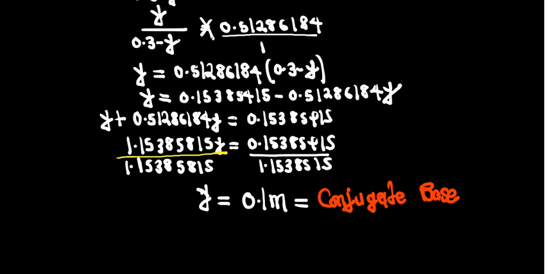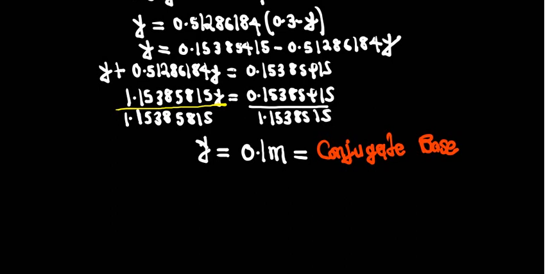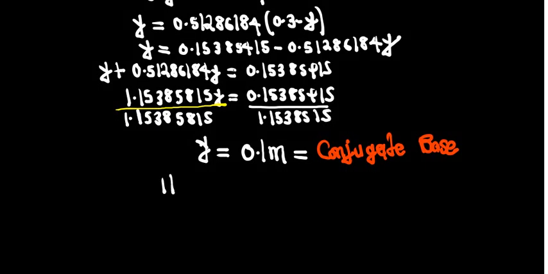But how about the weak acid? What's the concentration? So remember, we had that one equation that was relating everything. So the HA was equal to what? We said HA was equal to 0.3 minus the y. What's the 0.3 minus the y?